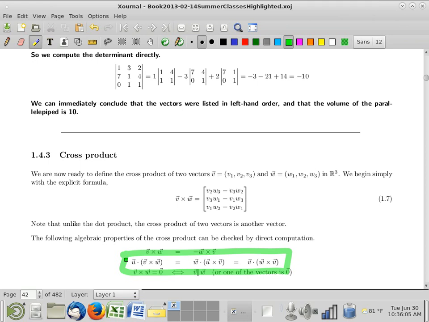So U dot V cross W, if you take this W and move it over to the front, that's giving you W dot U cross V. Yes, those are equal. And again, if you take the V at the back here and move that around to the front, then you get V dot W cross U. Yeah, those are all the same. But only through cycling.